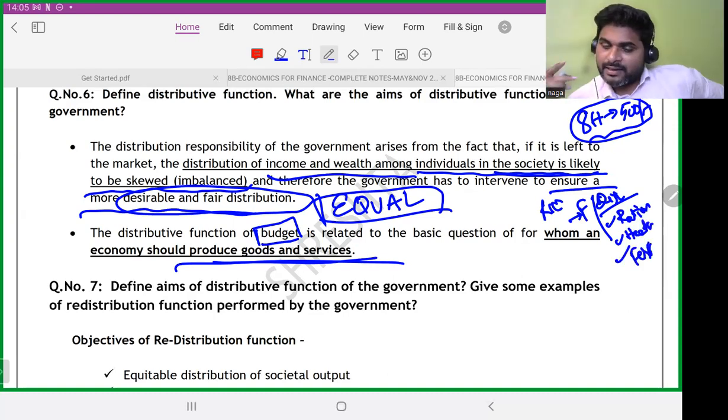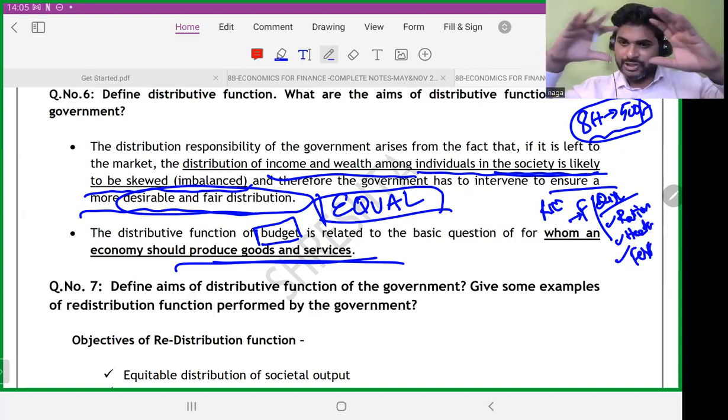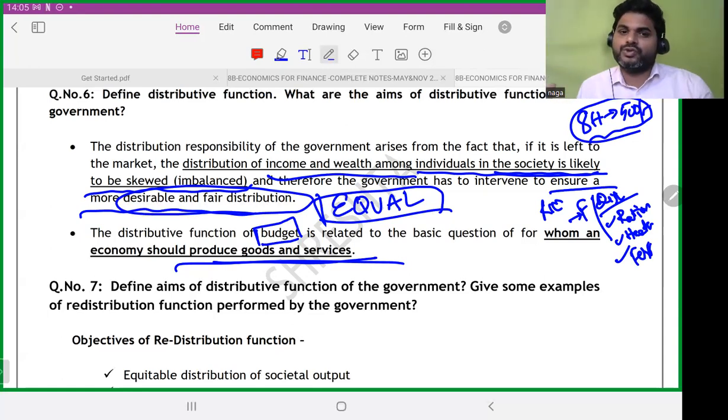The entire budgeting process is one of the redistributive functions of the government, what the receipts are and how they are distributed, for the benefit of the largest section of people who do not have access.